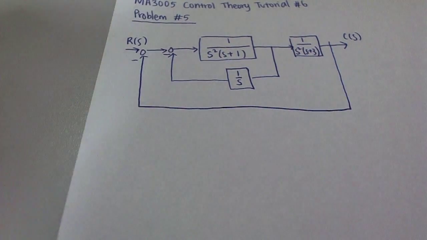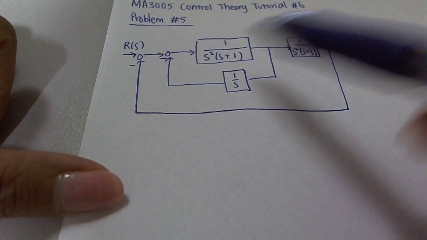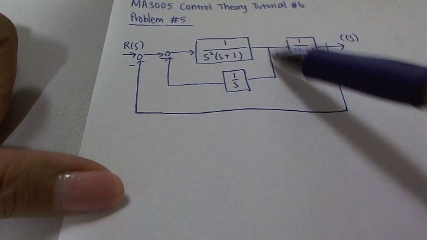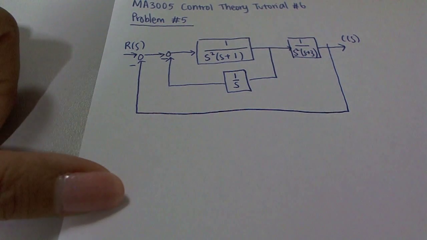So basically this is our system over here as a block diagram with two feedbacks, the inner loop and the outer loop, and then we have the input and output.